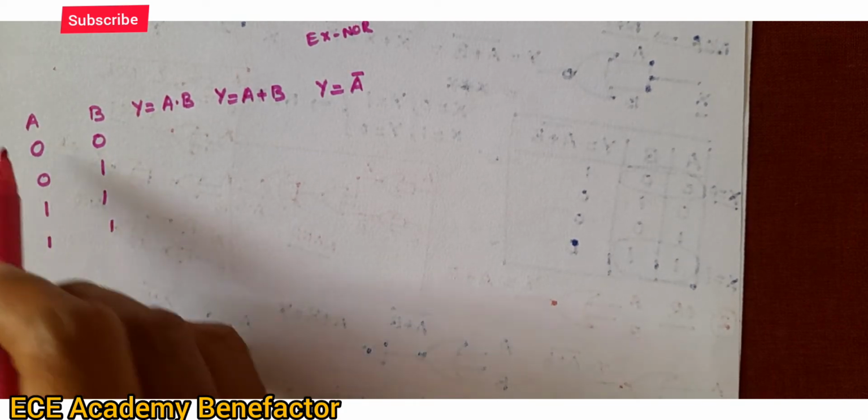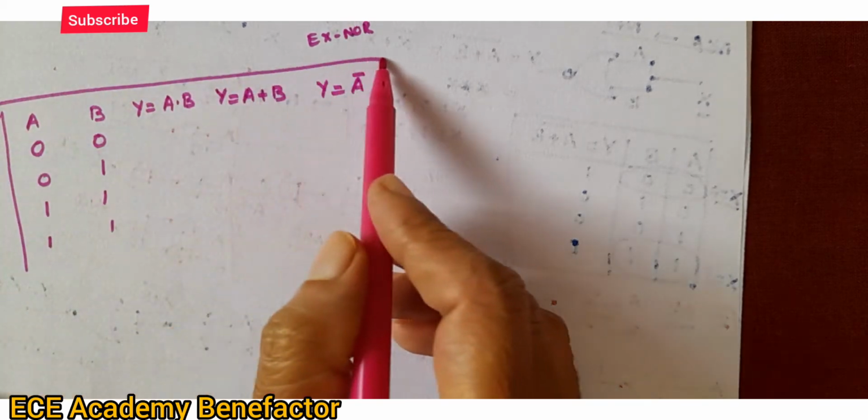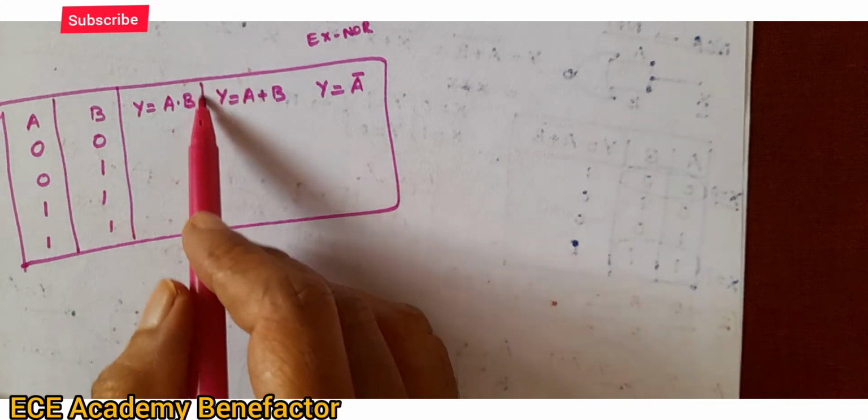So let us write 0 0, 0 1, 1 0, 1 1. The truth table for the three basic gates is summarized here.